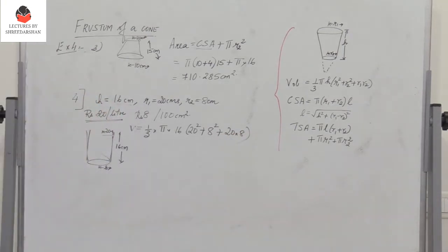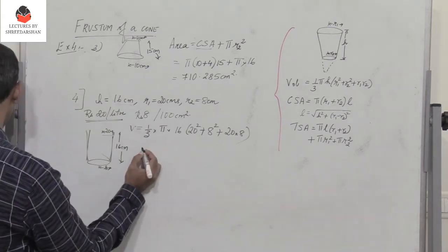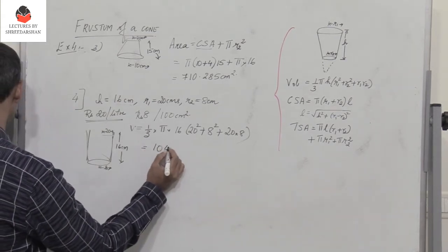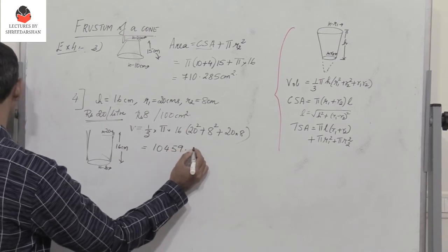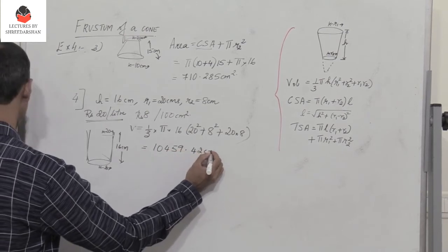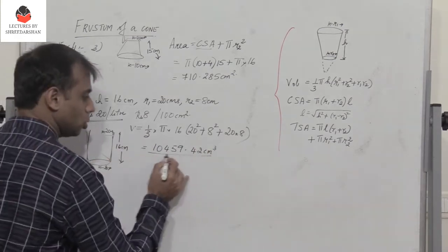So this is the total volume of the frustum, or the container. If you calculate, you would get 10459.42 centimeter cube. So this is the total volume.